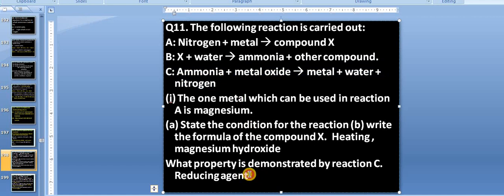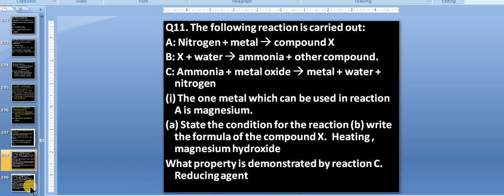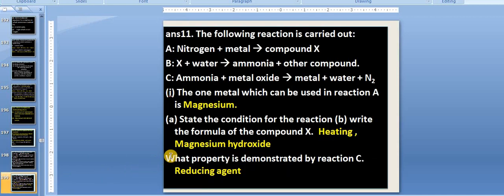Which property of ammonia is demonstrated in this reaction? That is reducing. Reducing means the metal oxide is changed into metal. Reduction is being done by ammonia. The property is reducing agent.